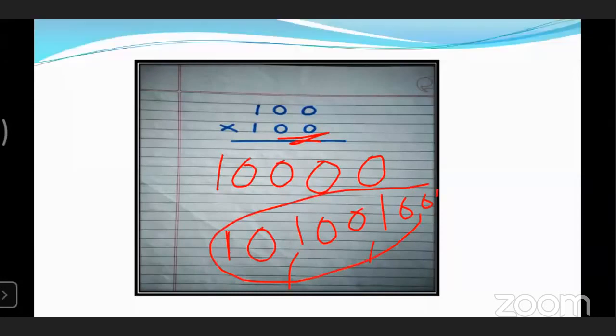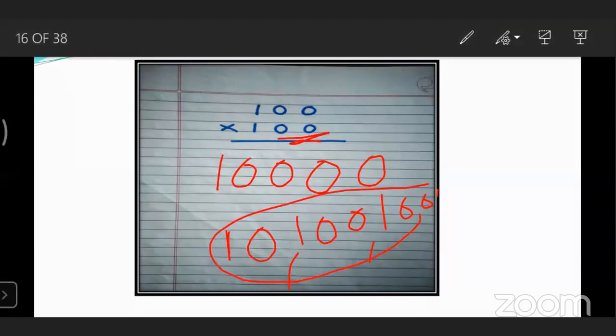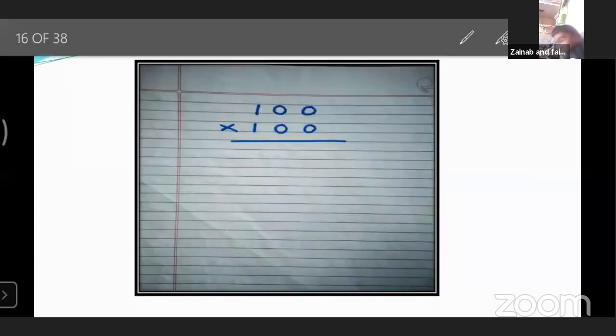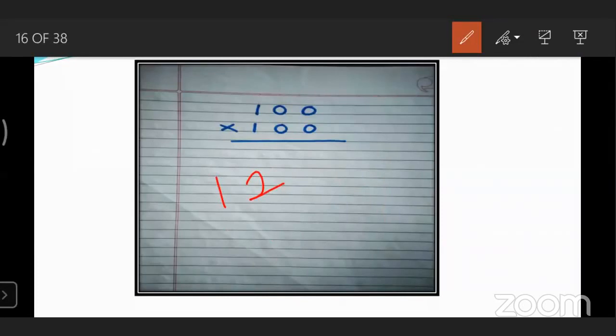Okay, let us solve one more sum to understand this. So I'm doing one sum here. 12 multiplied by 10. And just now I said we can write down this 12 as it is, right? Write down the 12 and write down this 0. You will get your final answer 120, right?